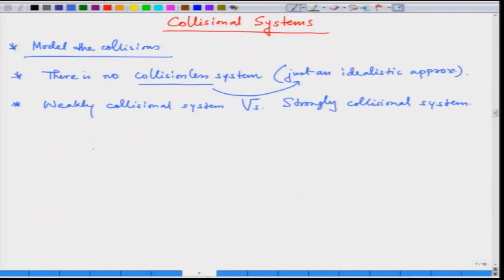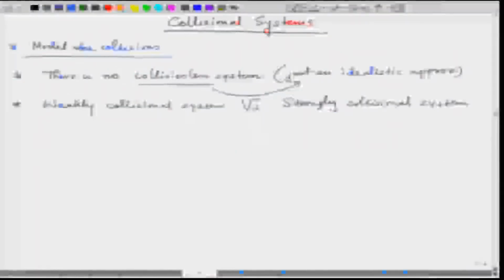Now, how to quantify that? I mean, how to define in a proper way which system is collisional, which is weakly collisional and which is strongly collisional? Do we have a way for that? In kinetic theory, maybe you have learned the concept of mean free path. Mean free path is nothing but the average path traversed by one particle between two successive collisions.